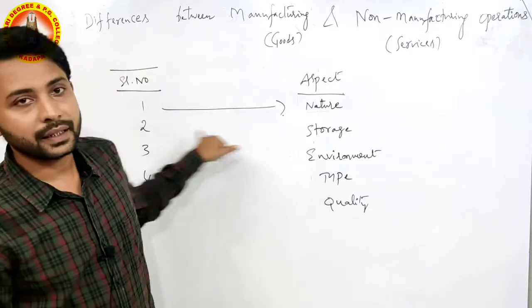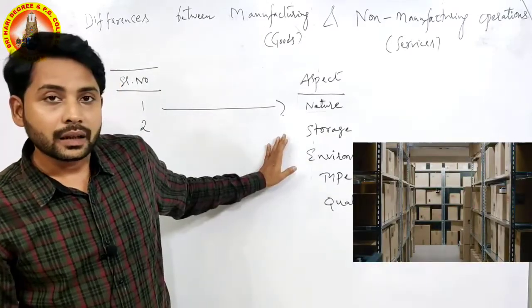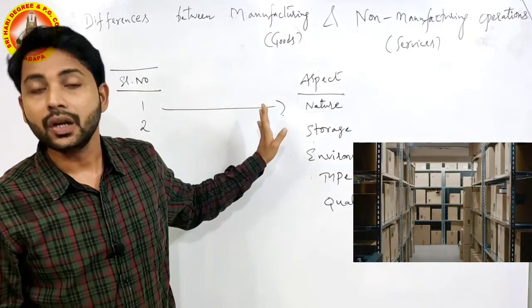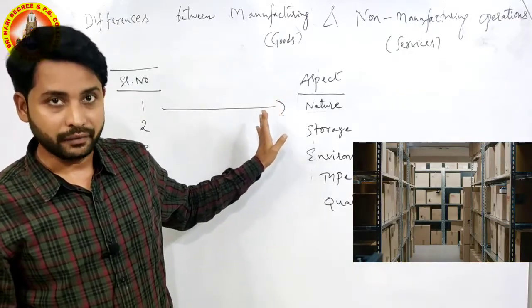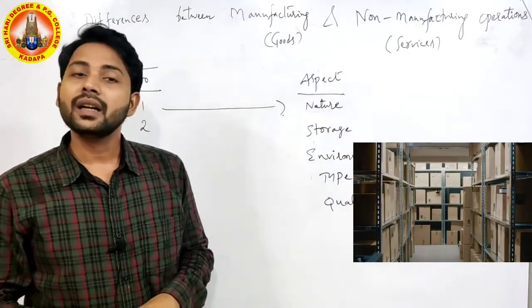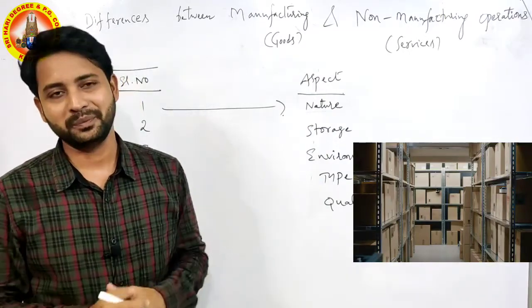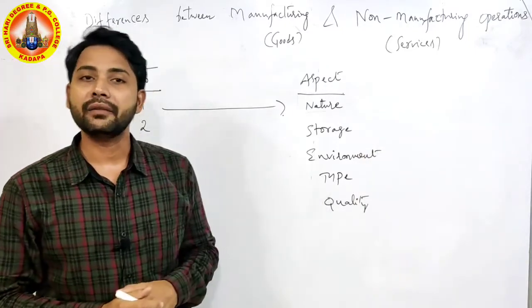And the second aspect is storage. The goods produced by the manufacturing organizations can be stored and transported. But in case of services, it is not possible to store or transport them. And the third point is the environment.